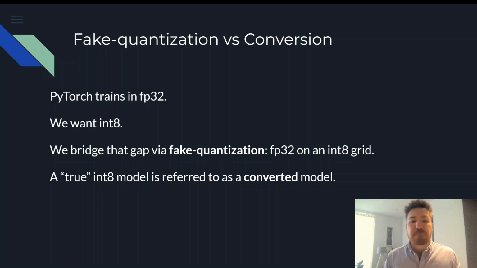And then a true int8 model is referred to as a converted model. So typically when you're working in PyTorch, you'll do everything in quote unquote fake quantized space. You'll do all your optimization in that space. But then when it comes time to actually creating a true int8 model, you'll do a model conversion. It's very easy. I'll have videos on this.